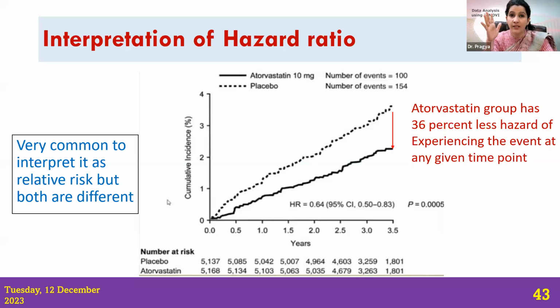So we can say that the risk in the atorvastatin group is 36% less. I'm sorry, I'm using the term risk. The hazard in the atorvastatin group is 36% less as compared to the placebo group. And this is at any given point of time. That's the proportional hazard assumption.